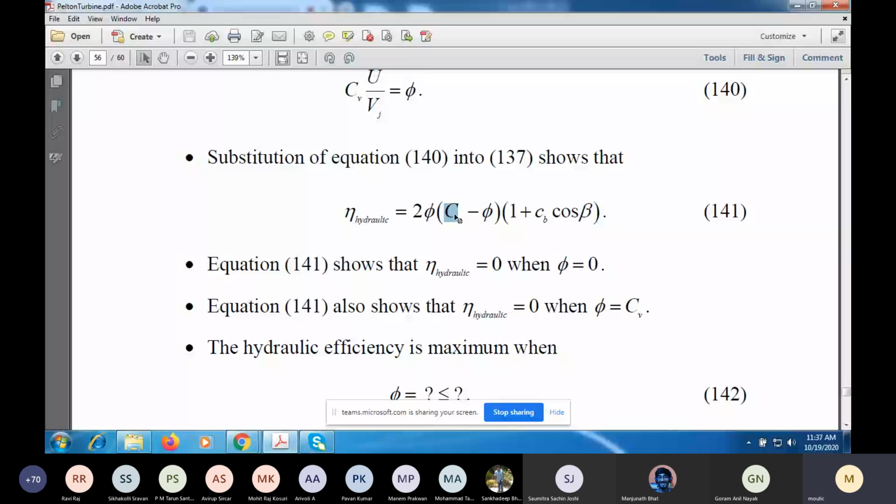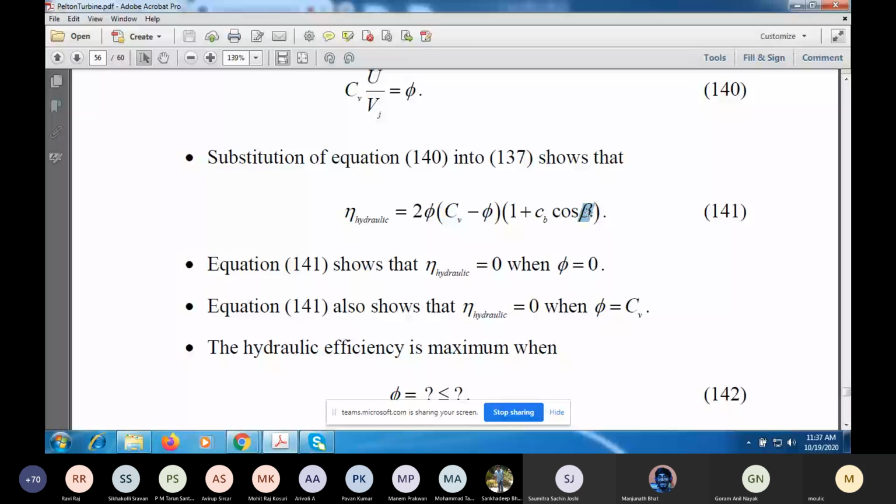And capital CV, well, it could also stand for heat capacity, but not specific heat capacity. So this symbol is not used very frequently. Okay. So this is the coefficient of velocity, or velocity coefficient for the nozzle, which again is close to 1. And beta is the blade angle at the exit. Since the bucket is symmetric as assumed, the blade angles at both the exits are the same. So I'm not writing beta 2 or beta 3, simply beta.